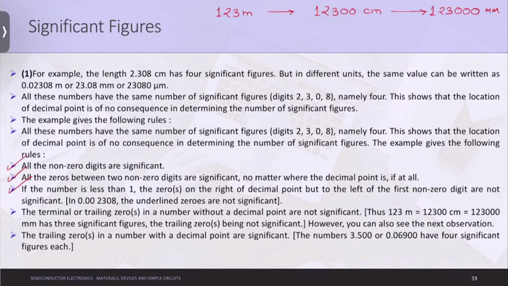If you see only this, ignoring the right hand side for now, it is quite evident that it has 3 significant figures.